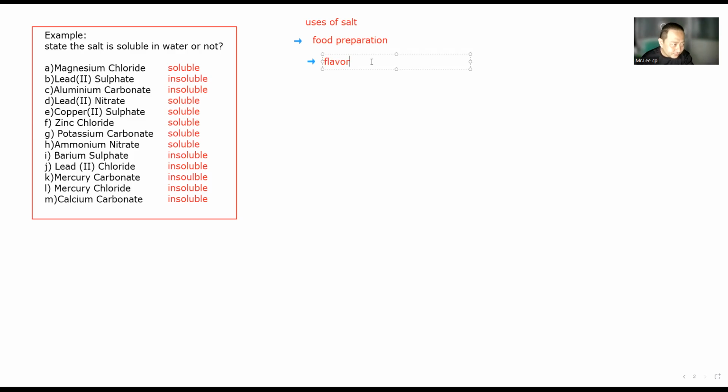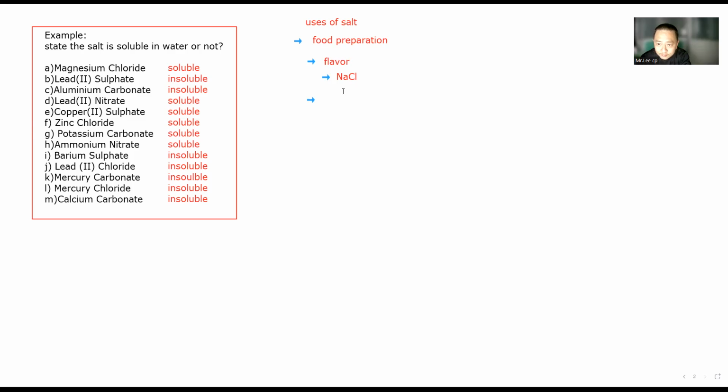So what kind of example of salt do you use for flavoring? It is sodium chloride. This is the salt that we use every day, sodium chloride, used for food preparation.